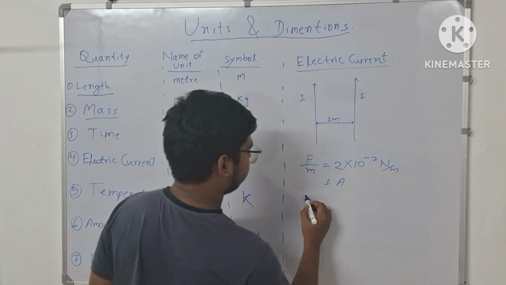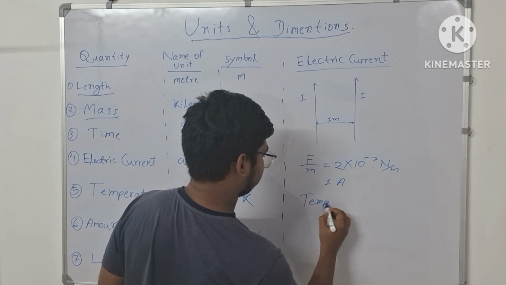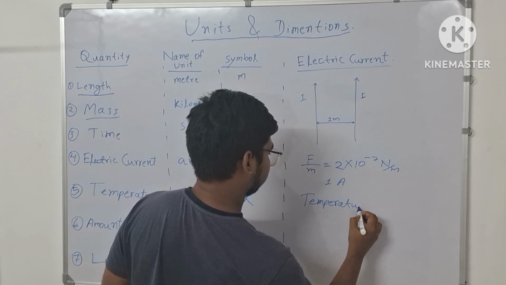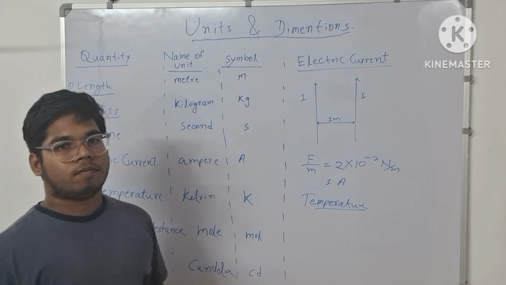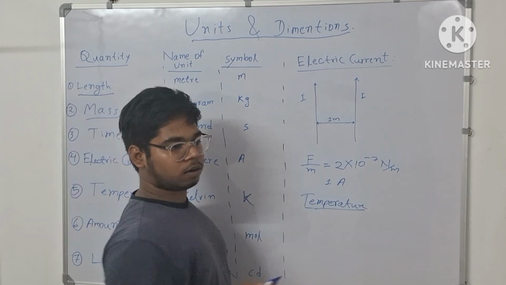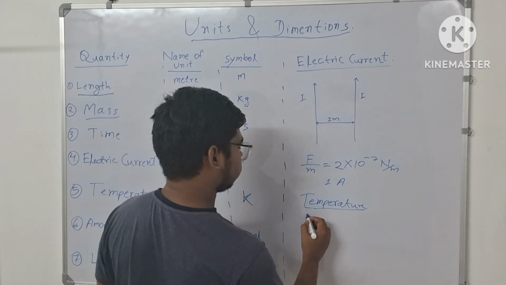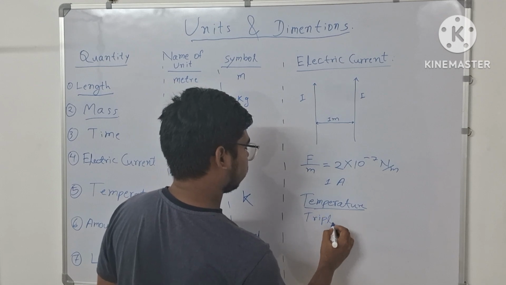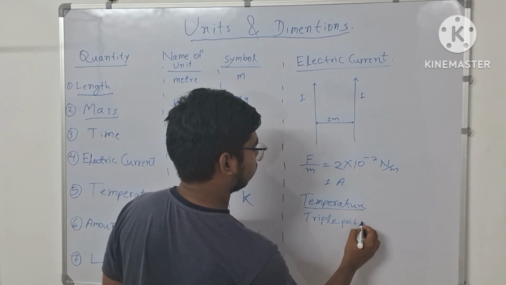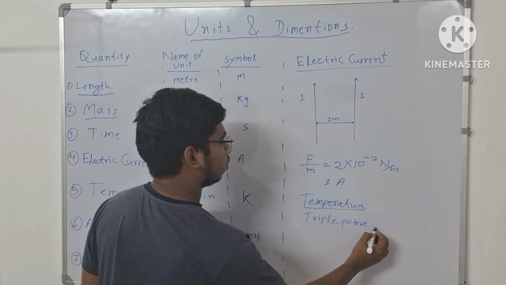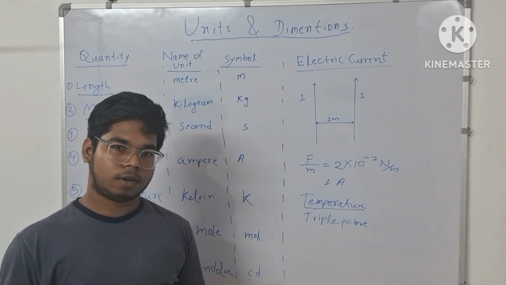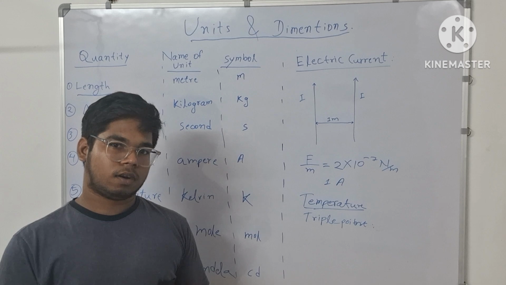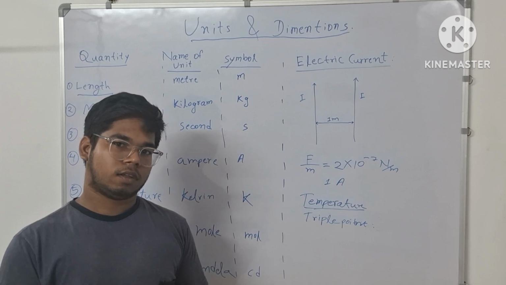Okay, next is temperature. This temperature we define from water's triple point. Water's triple point is the temperature at which water liquid, water vapor and water ice, the 3 phases, coexist.